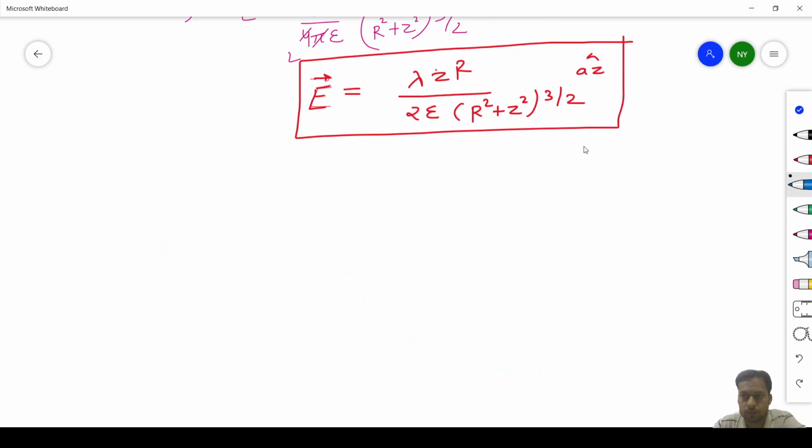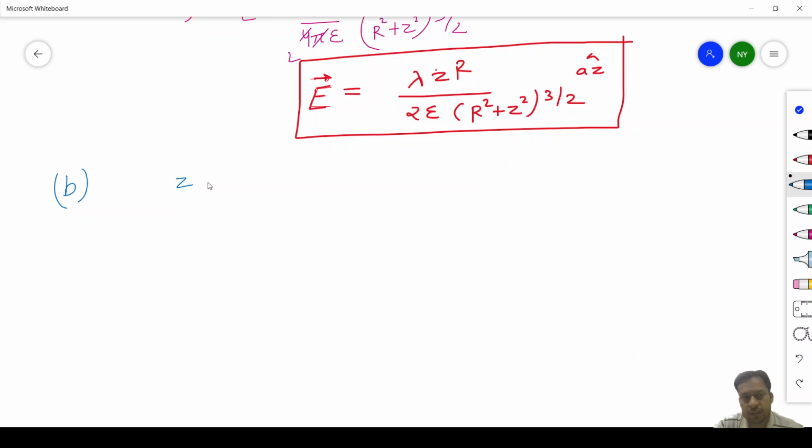So B part. We have to find z to give max of E. So first evaluate dE by dz and put it equal to 0.